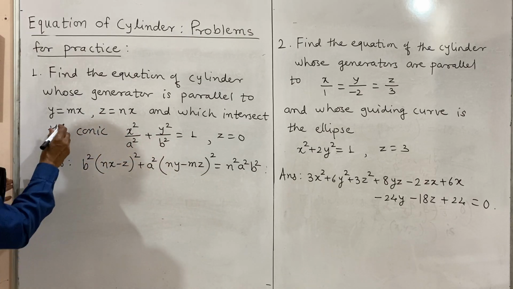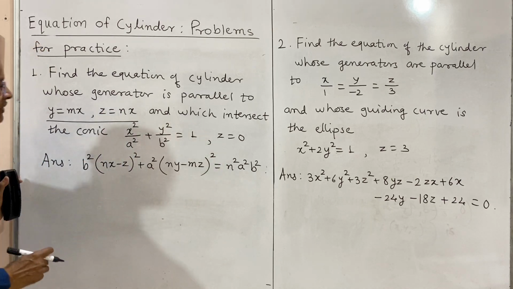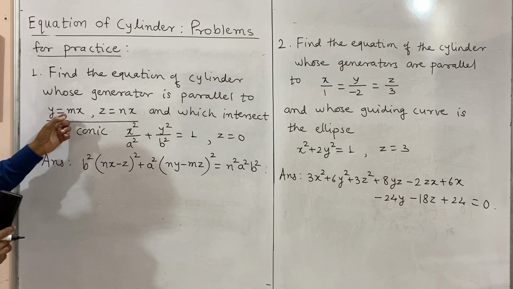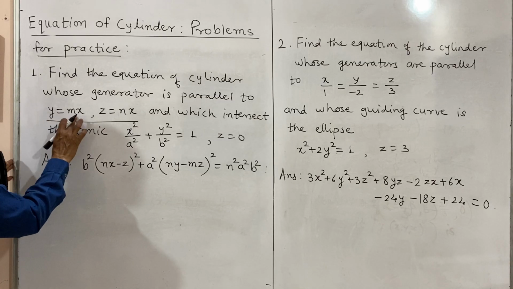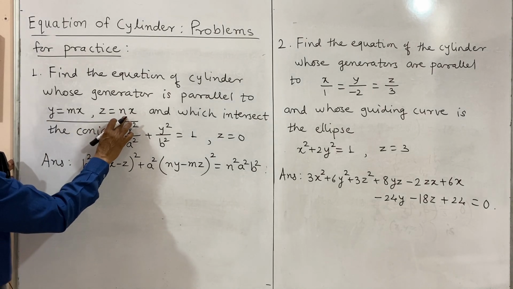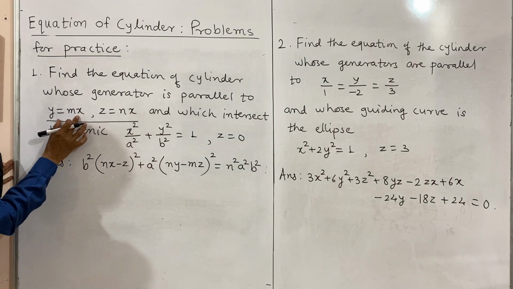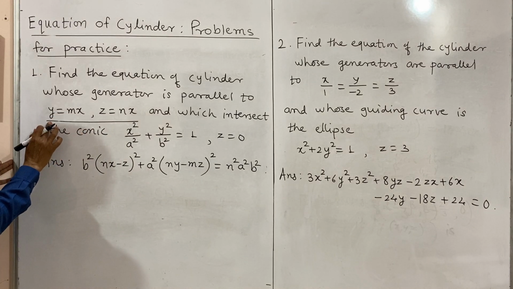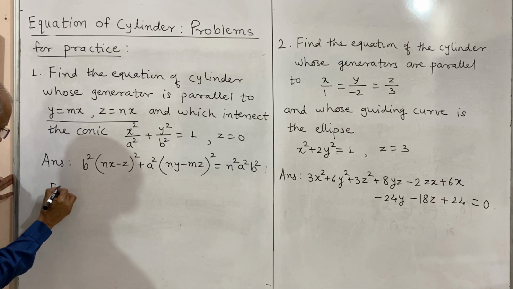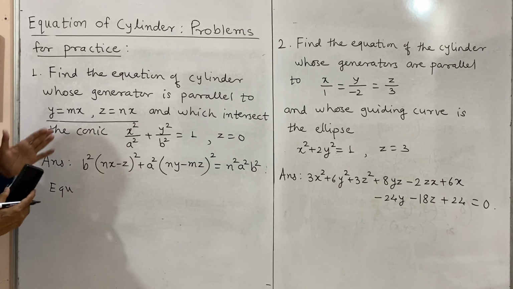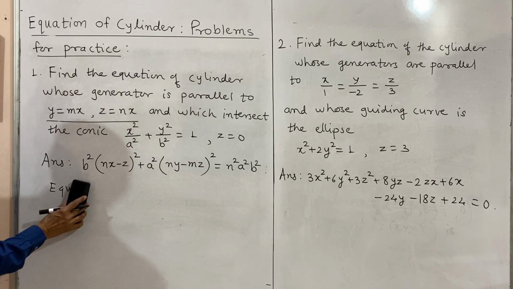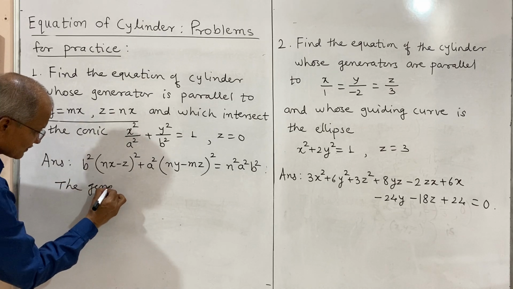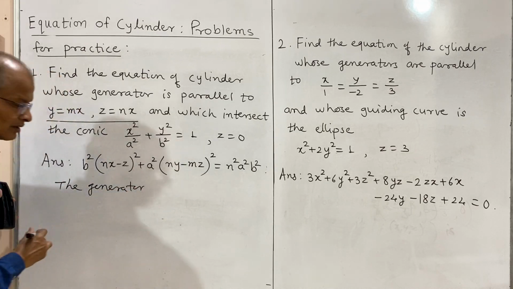Now from these 2 equations we can write the equation of the line in symmetric form. Now how to write the equation of a line in symmetric form? See, y is equal to mx and z is equal to nx. This gives the expression for x, so x is equal to y upon m. So the generators are parallel to the line. This is a hint for solving the problem.